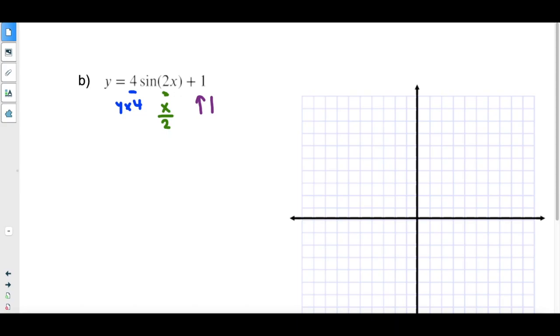Okay, let's get to graphing now. In the previous example, we looked at some points of y is equal to sine x.